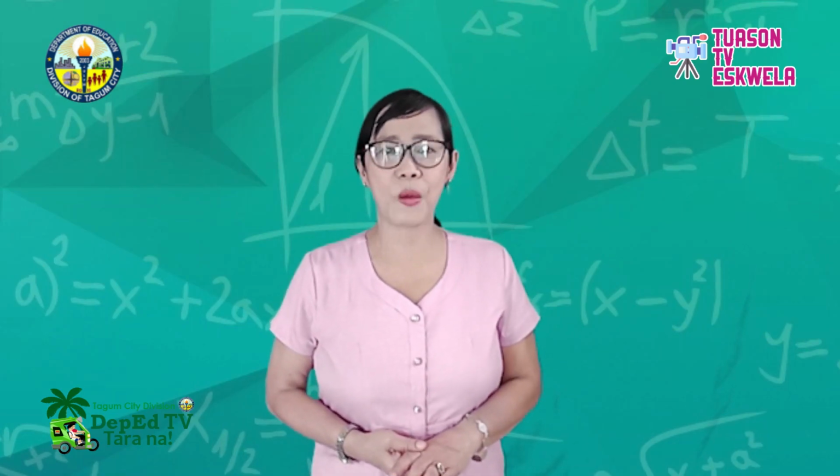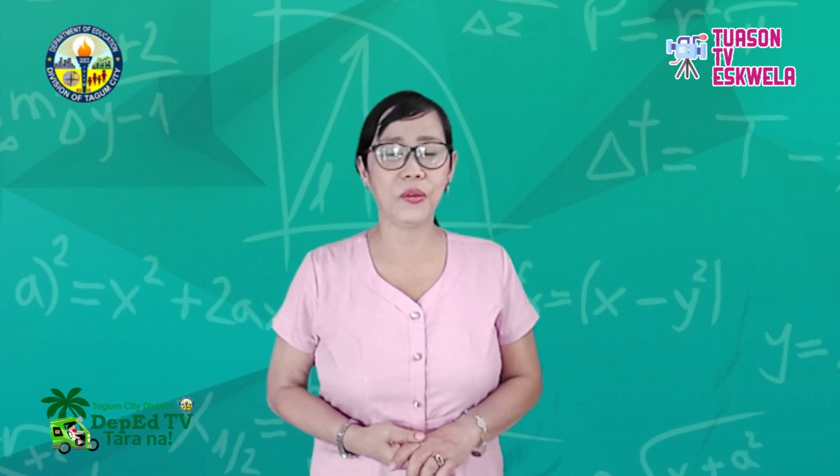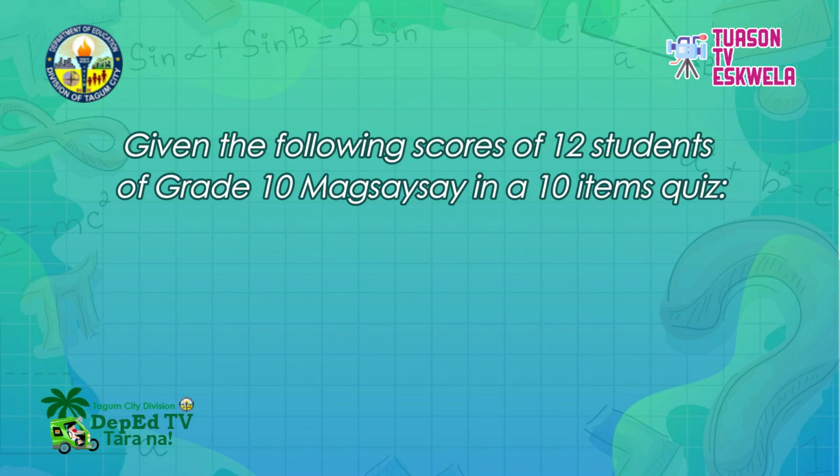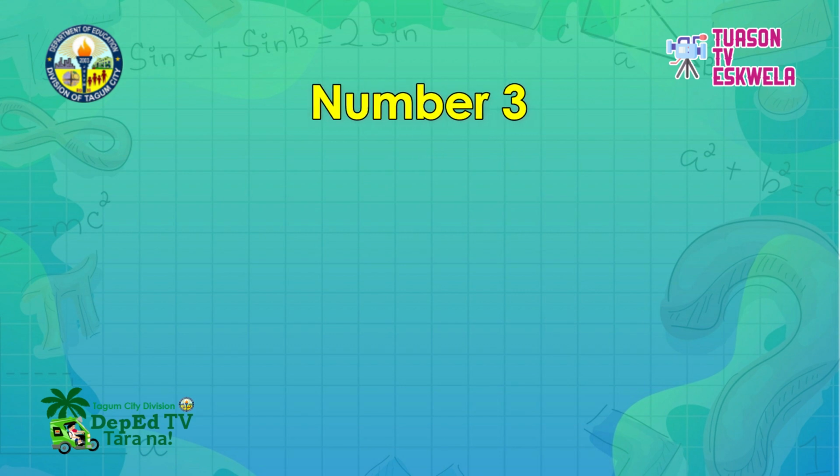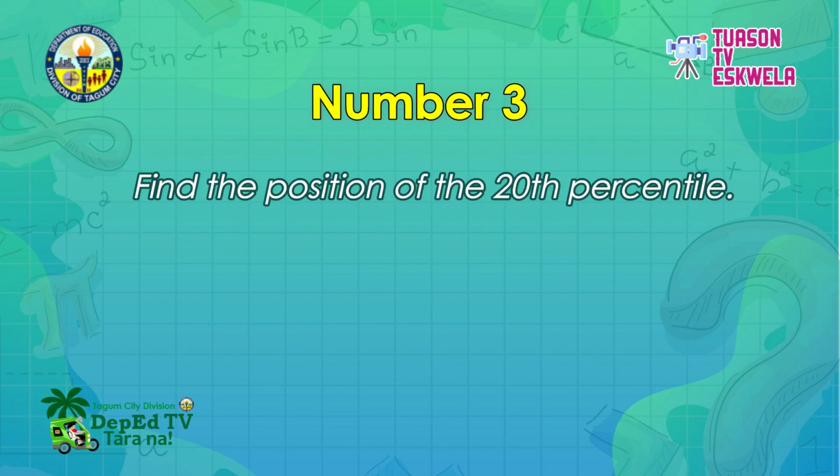For questions number 3 and 4, here is the problem. Given the following scores of 12 students of grade 10 Magsaysay in a 10-item quiz, these are the following data. For the number 3 question, find the position of the 20th percentile.